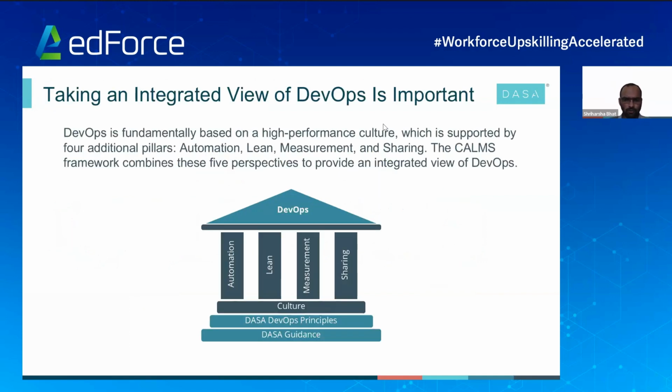Here we would like to talk about, I think we have already spoken about the six principles of DevOps, but there are certain models, like the CALMS model. What is CALMS? It stands for culture, automation, lean practices, measurement of your progress, and finally sharing.